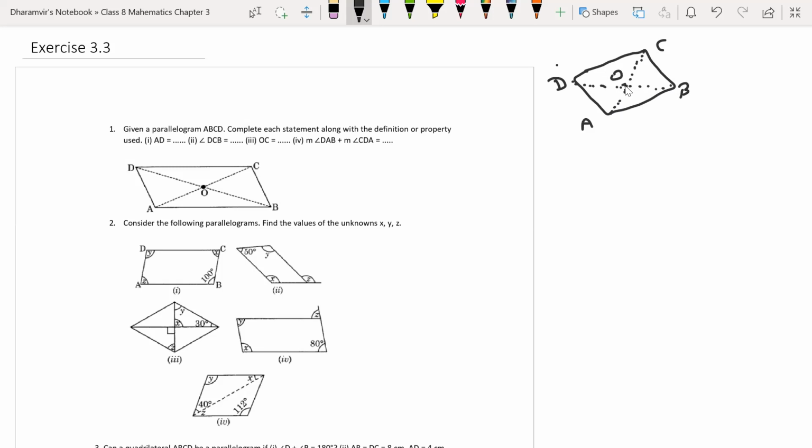What we have to show: in this parallelogram ABCD, we have to calculate what AD is.